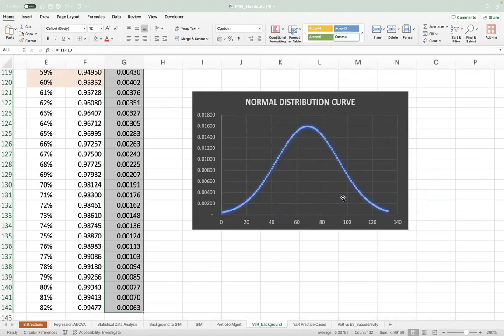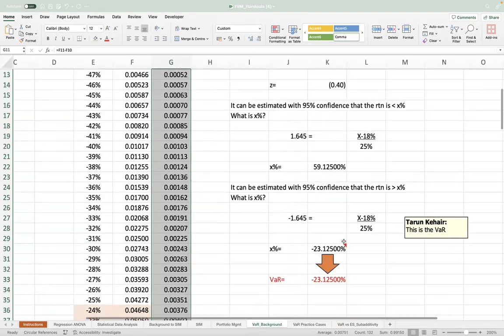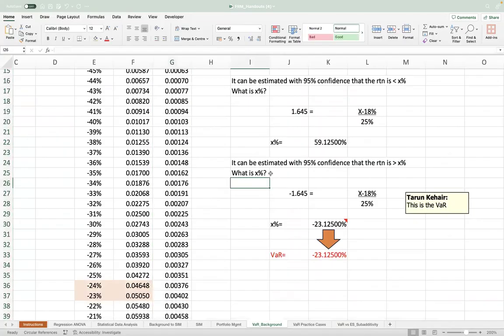Now how do you interpret the VAR here? It can be estimated with 95% confidence that the return is greater than X%, which means that 95% of the observations will be here. क्या बोल रहा है question?